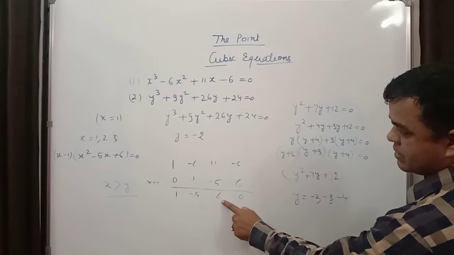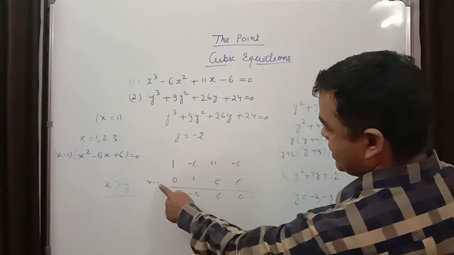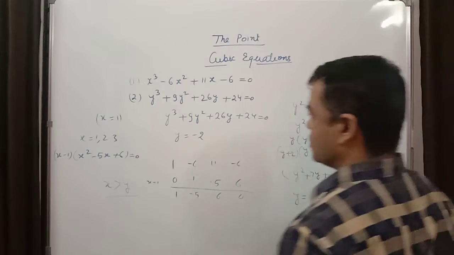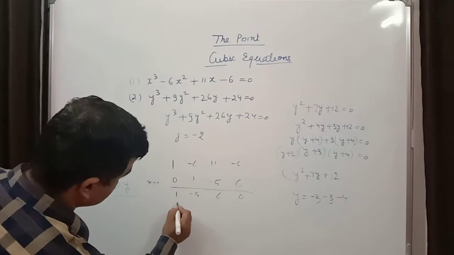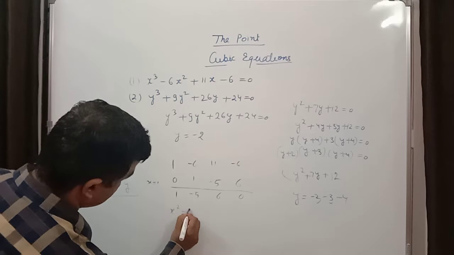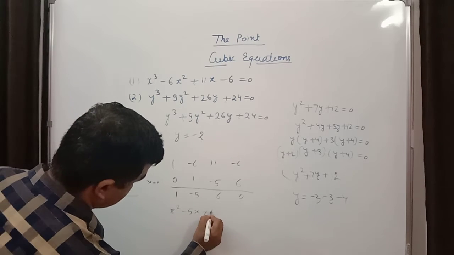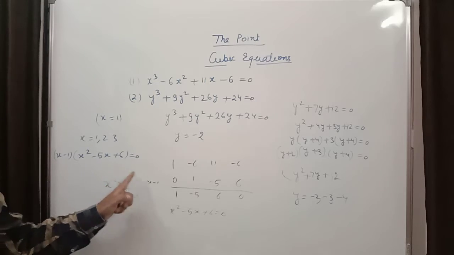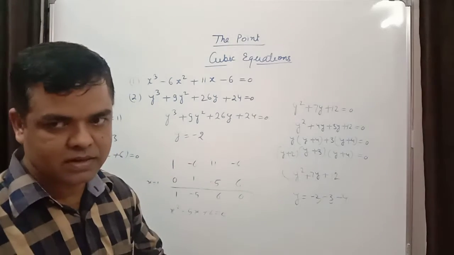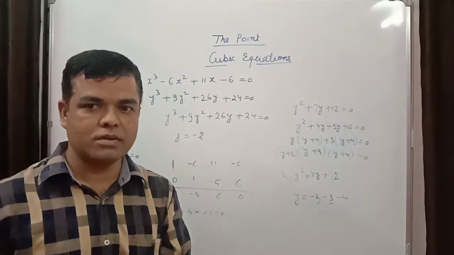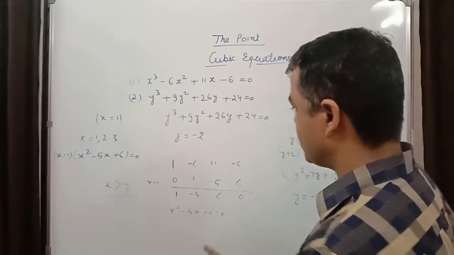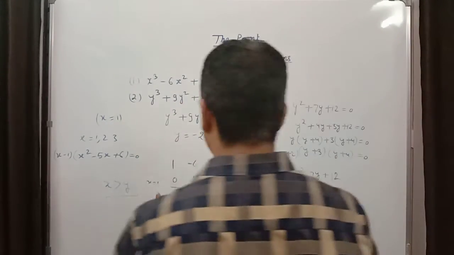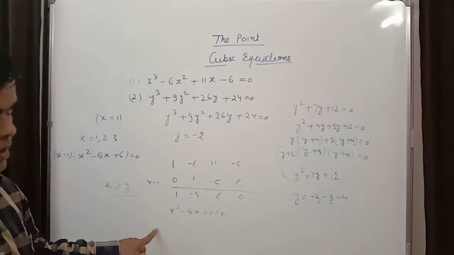Again add, then 6 and 6 is 0. So the quadratic equation will come here. These are the coefficients of x square minus 5x plus 6 is equal to 0, and the same has come here. So you don't have to do all this calculation, provided you know this. So by writing the coefficients, you can easily find the quadratic equation.